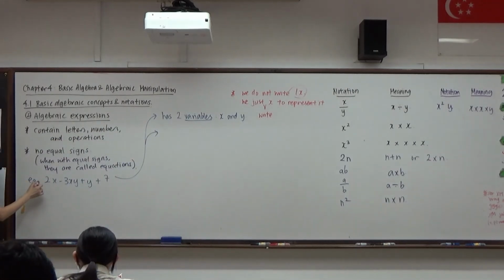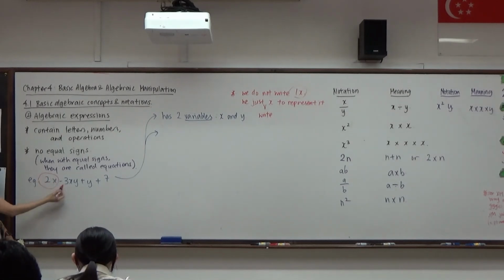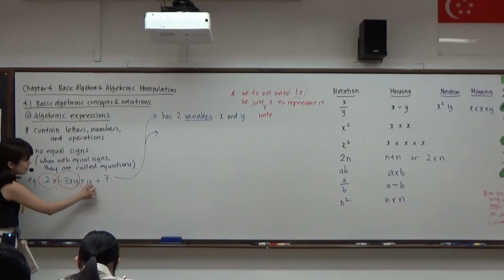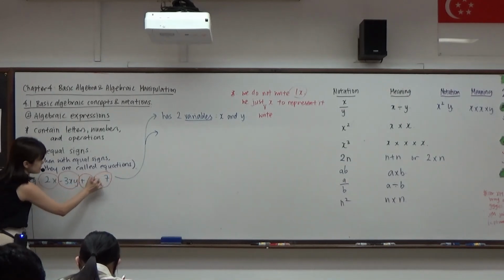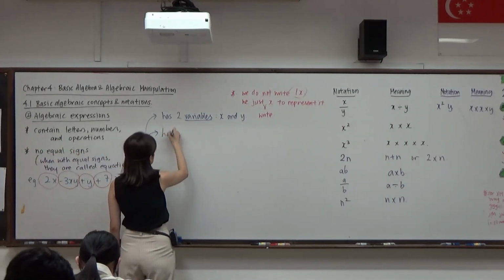By the meaning of terms, it means that we're looking at it in parts. So we take the operation that's in front of this section over here. So 2x is one term, minus 3xy is another term, plus y is another term, plus 7 is another term. So there are actually four terms.